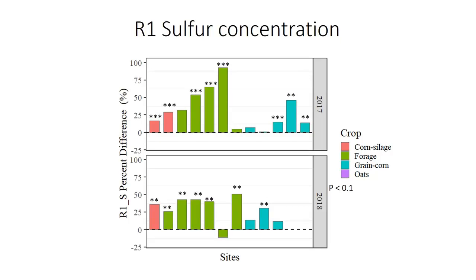The first quadrant is looking at 2017 and 2018. We have different crop rotations in every site, but for almost all sites, we did see an increase in sulfur concentration in the leaves for all crops.